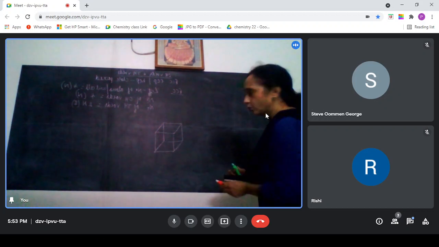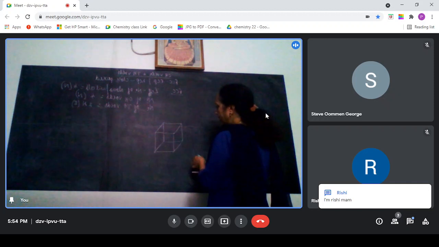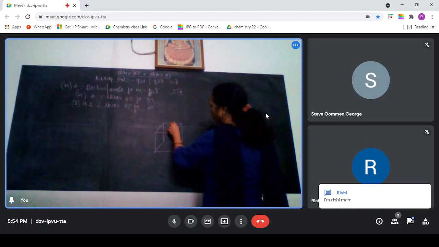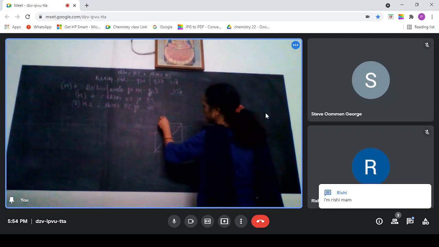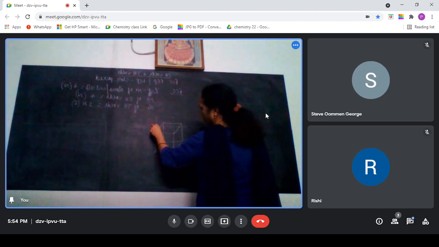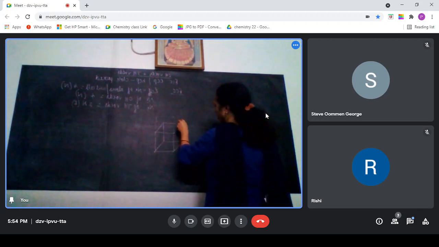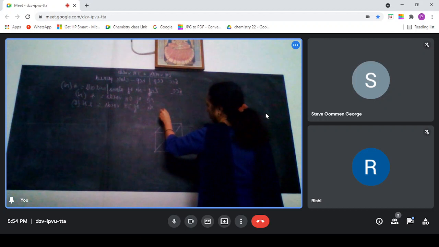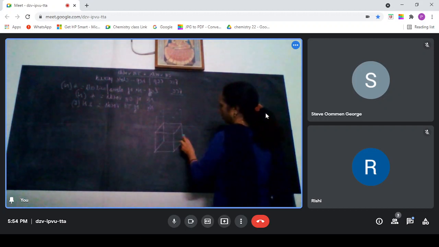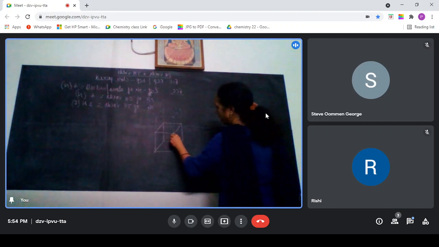Okay, you write one cube like this and extend the cube. You write 4 cubes. Okay, you have extended one side.